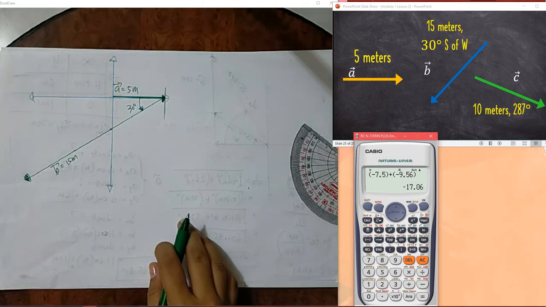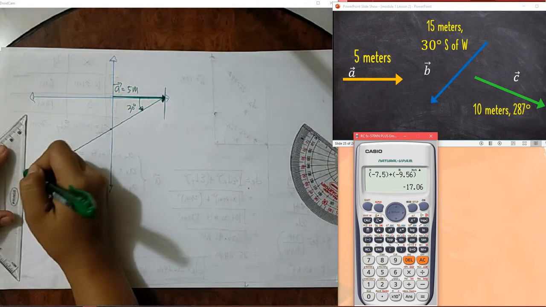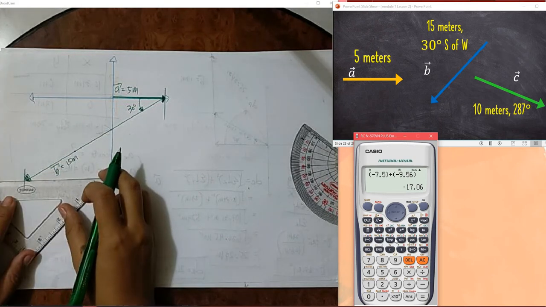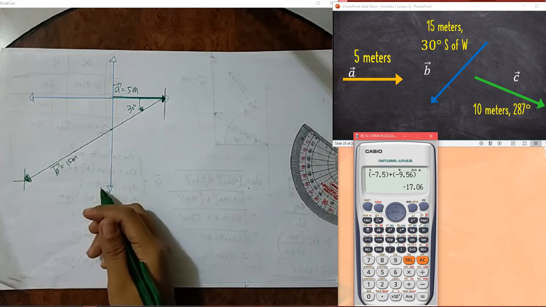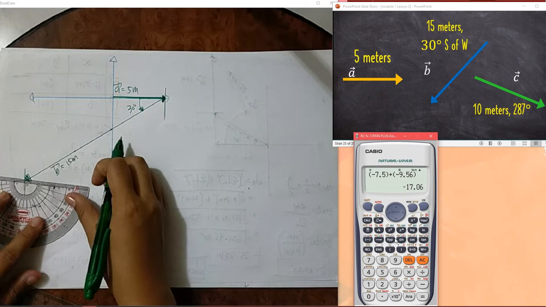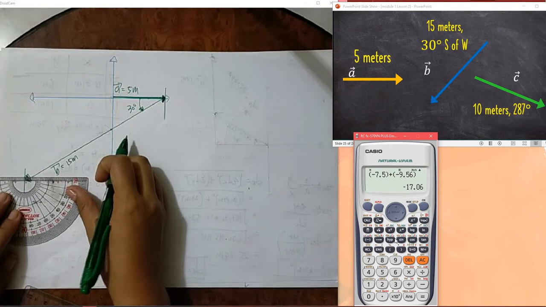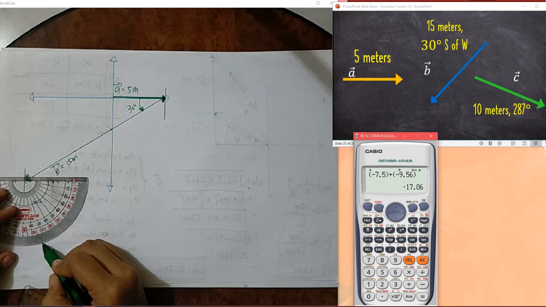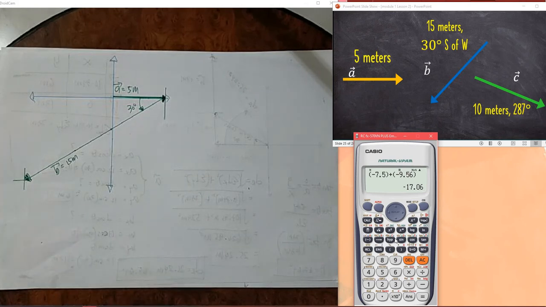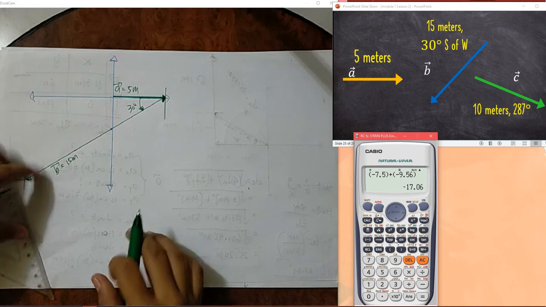I'm going to write here another small Cartesian plane for our vector C. So this is 270, and I'll be adding here 10, 15, 17 degrees to get the 287.